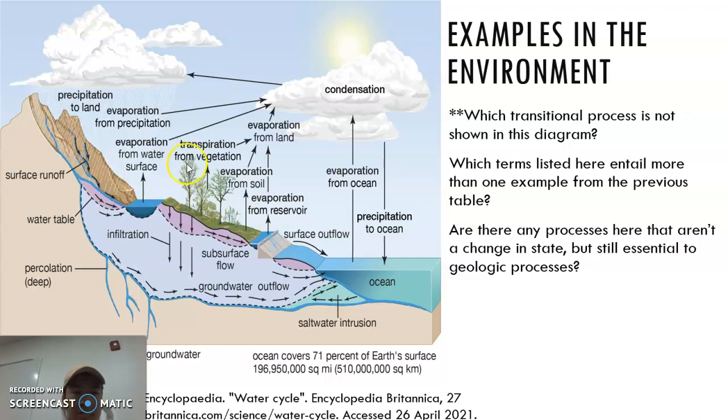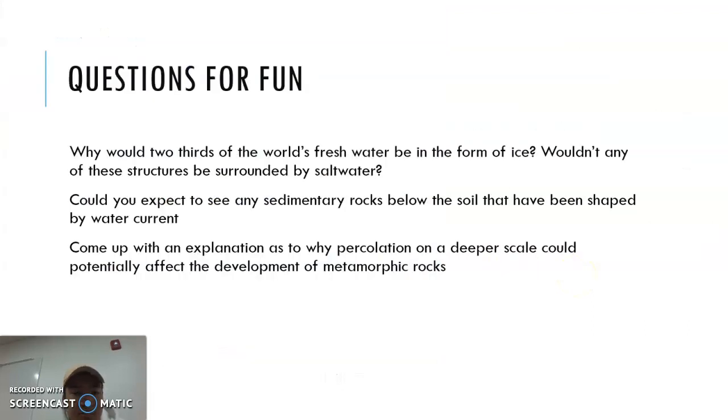Specifically, transpiration from the vegetation or evaporation. You could say too from any mobile organisms that are identified as heterotrophic. There's also percolation, infiltration, and surface runoff, and saltwater intrusion.